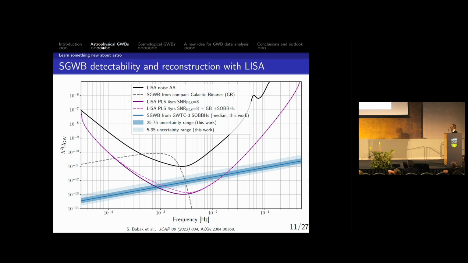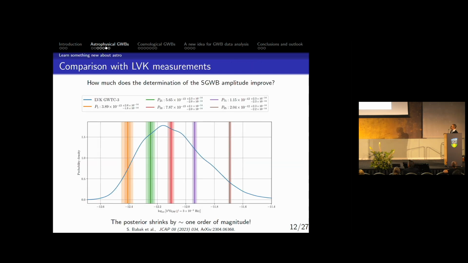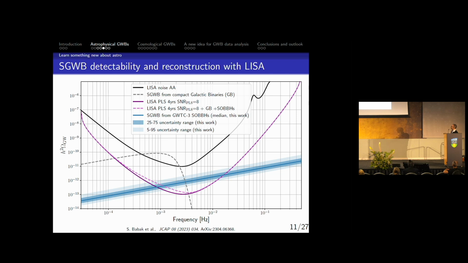The width of this band is set by the uncertainty on the population parameters given current LIGO constraints. So what we can do now is check, given this possibility, how well we would constrain these signals with LISA. The blue curve in the background is basically this band.